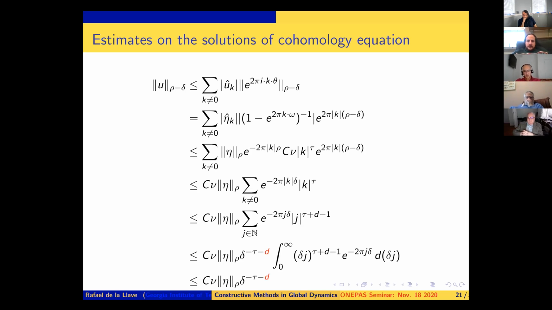If you use straightforward estimates, then you do the estimates in, so to speak, polar coordinates, and then you sum along the radius. This is what you get, with the dimension d.